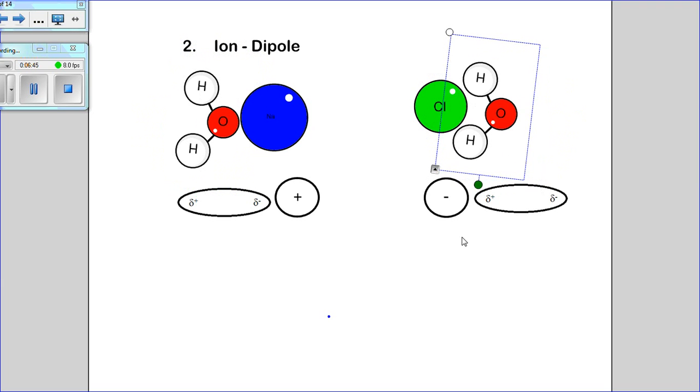So the slightly positive side of the dipole will be attracted towards the negative ion, and in this case it's the hydrogen atom in the water molecule. This is an example of an ion-dipole force that exists between molecules, and in this case the sodium chloride will dissolve quite readily in the water.